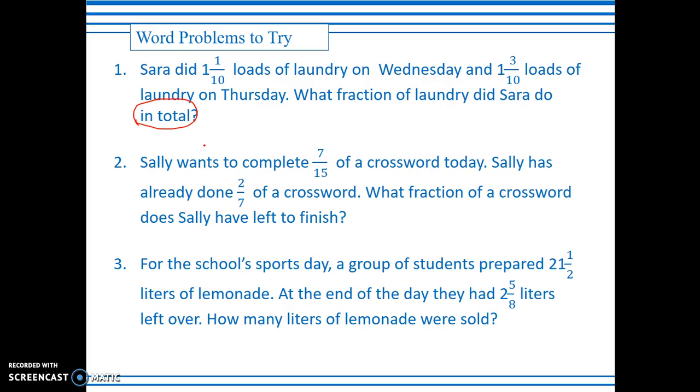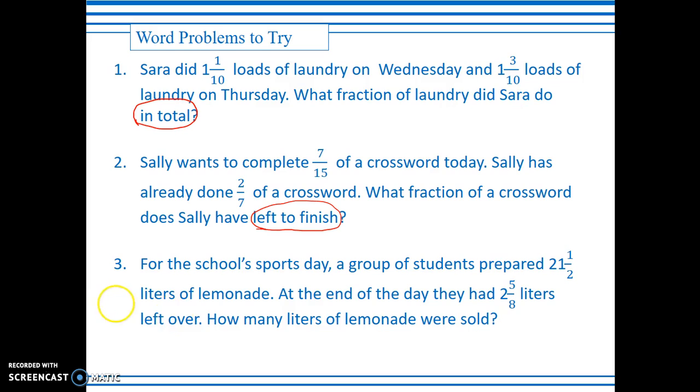So go ahead and try that problem. Next problem. Sally wants to complete 7/15 of a crossword today. She has already done 2/7 of the crossword. What fraction of the crossword does Sally have left to finish? So my key words here would be left to finish. Okay, try that one.